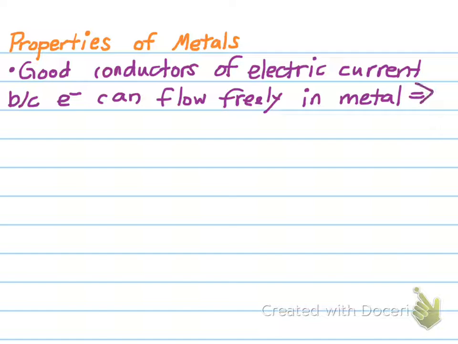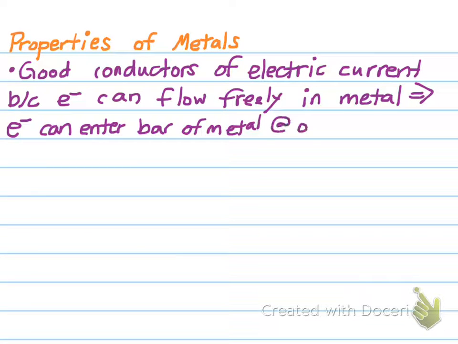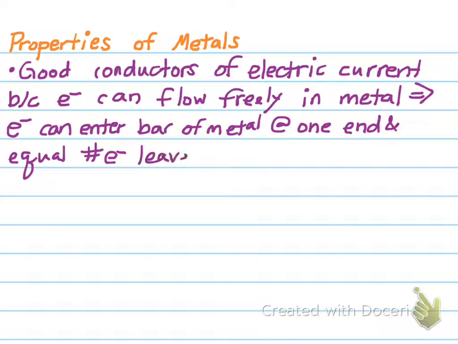Effectively then, what can happen is that electrons can enter a bar of metal at one end and an equal number of electrons will leave that bar at the other end.